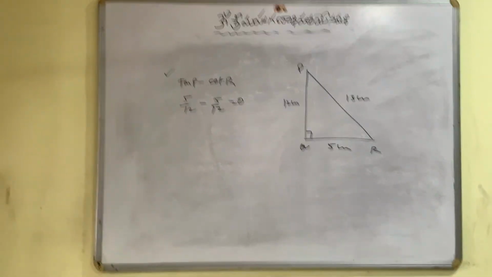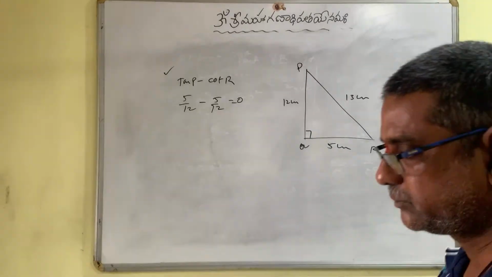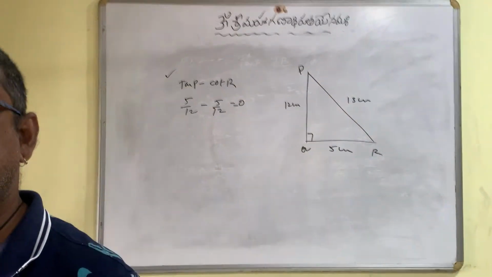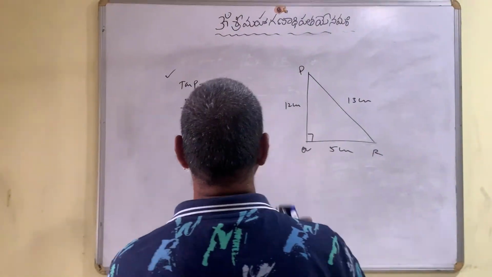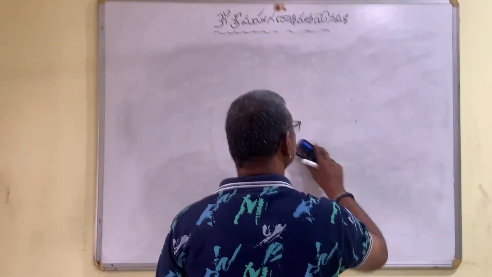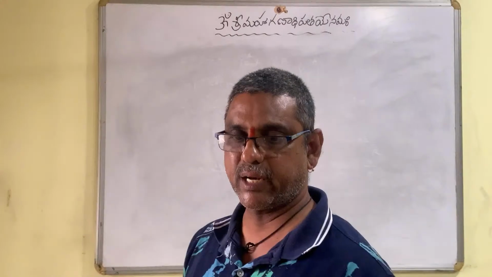Cot R is also 5 by 12, so the difference is 0. Okay? Next question.